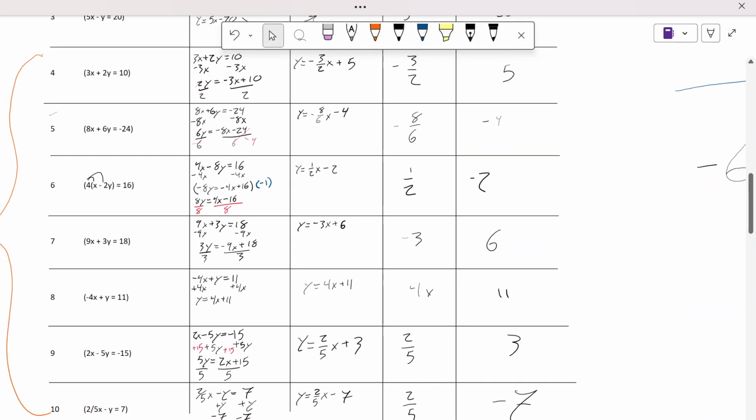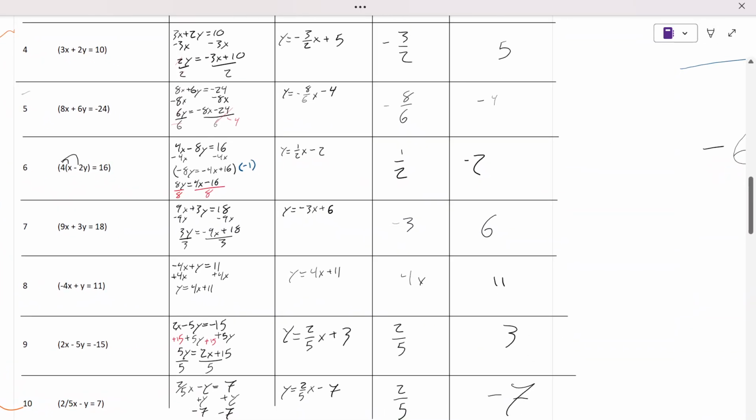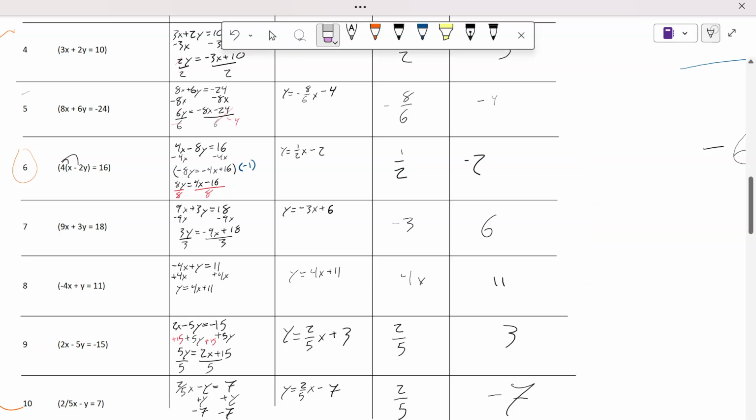I'll zoom in, and if you would like, you can pause the video and continue looking over what I did. I know I went over number 6, and another one that might cause a little conflict is 10. But just look at what I did in my notes.